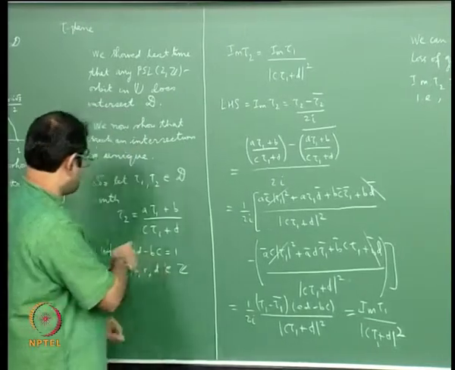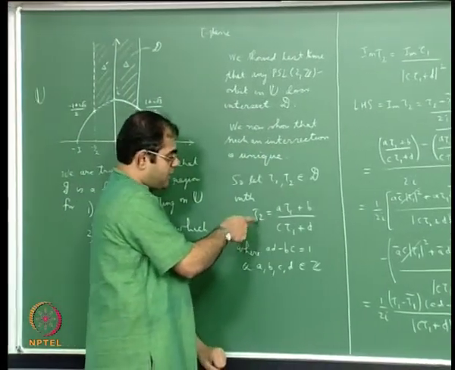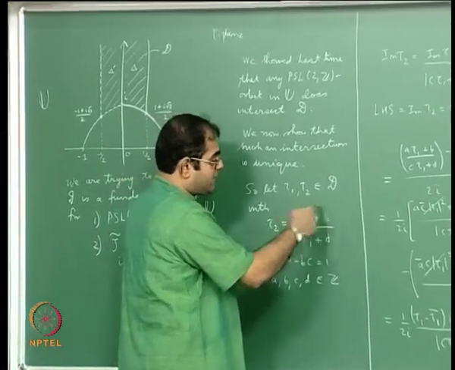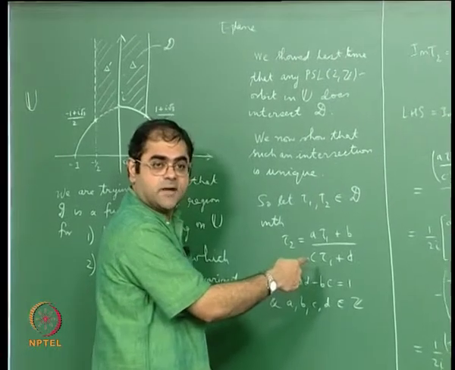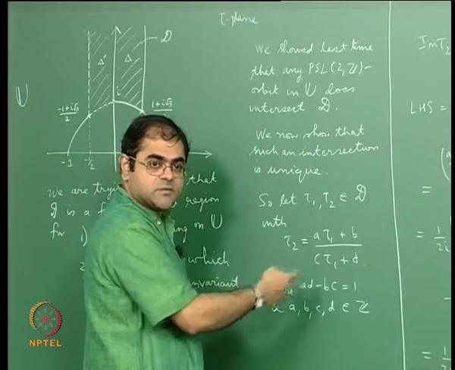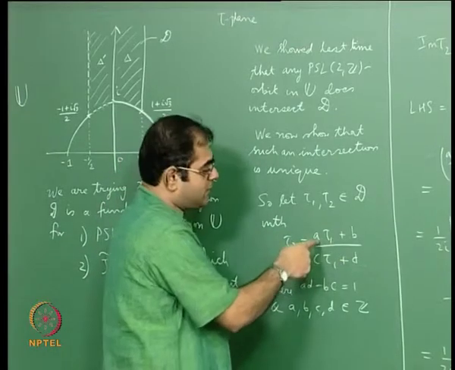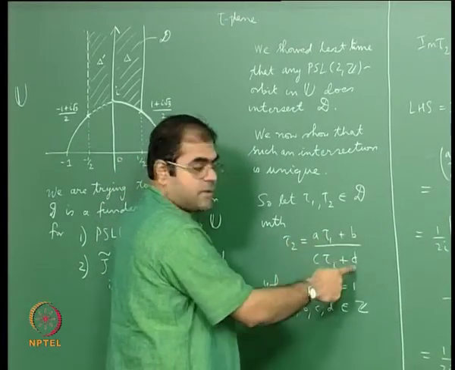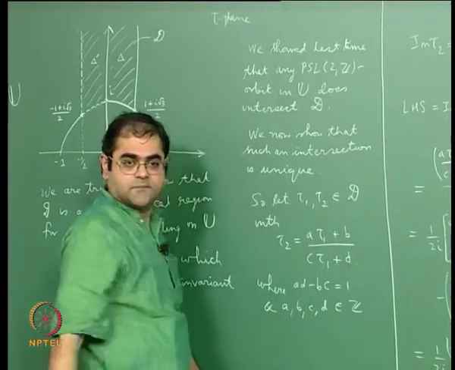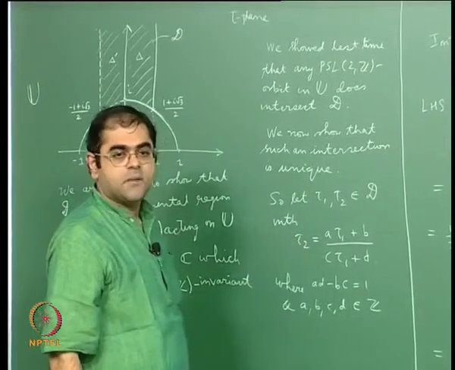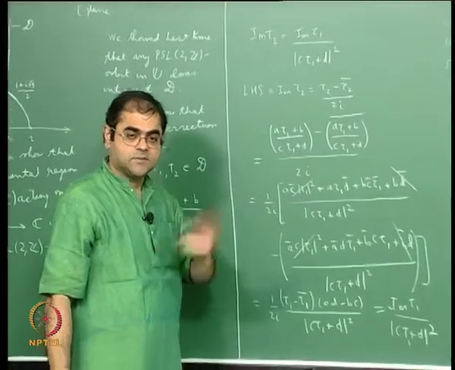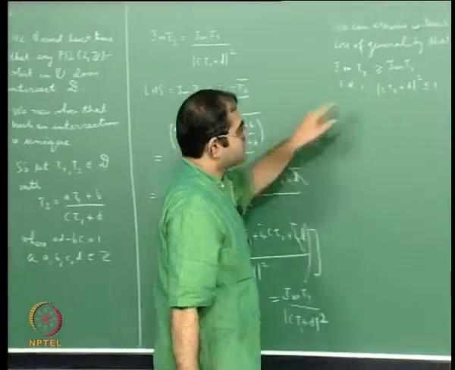Interchanging the roles means you will have to write tau 1 in terms of tau 2, so you will just write the inverse of this Mobius transformation, and the inverse will also be a PSL2Z element, with some other coefficients A prime, B prime, C prime, D prime instead of A, B, C, D. So there is no harm in assuming that the imaginary part of tau 2 is greater than or equal to the imaginary part of tau 1. There is no loss of generality. So we assume this.